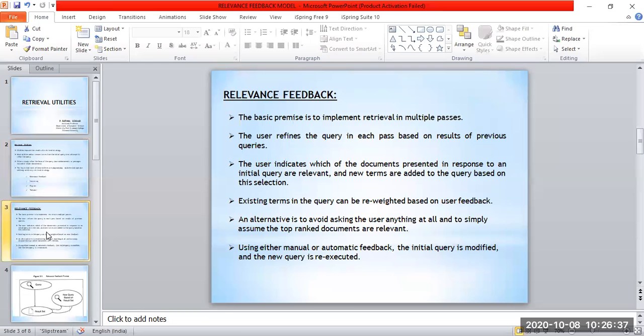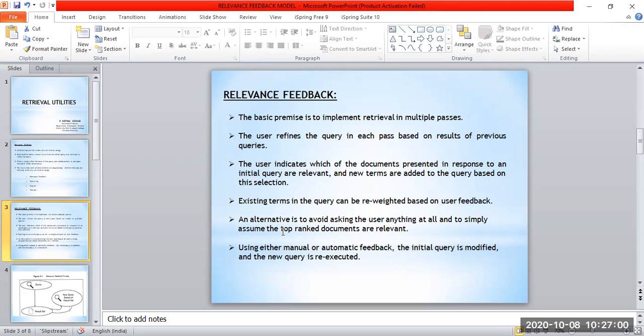First we ask a query, and depending on that query, we will get some documents, and the user can choose from the retrieved documents which documents are relevant and which are irrelevant.